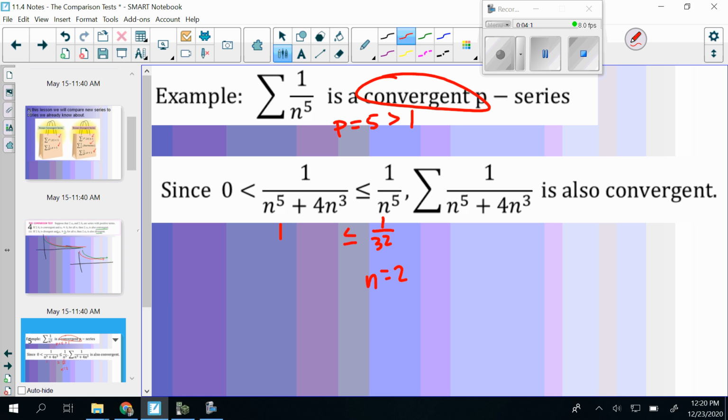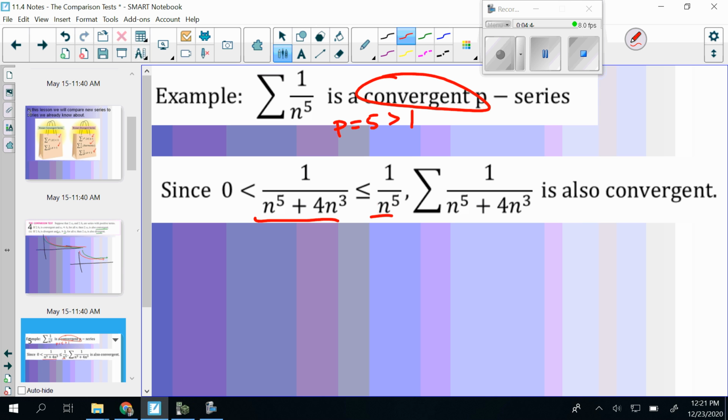Over here, this is also going to be 32, but if we add something else onto that that's positive, in this case, it'd be another 32, because 2 to the 3rd power is 8 times 4 is 32. 1 over 64 is definitely going to be less than 1 over 32. The bigger the denominator, the less the value of that fraction. So that's going to be true: this series is always going to be less than this series.